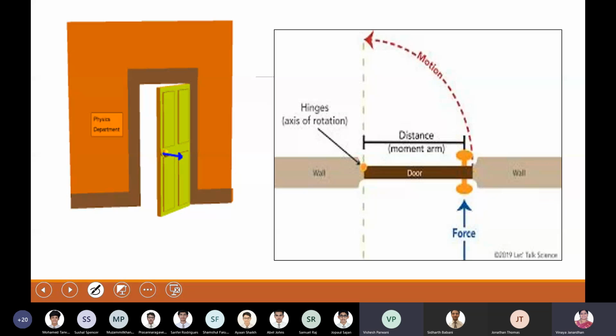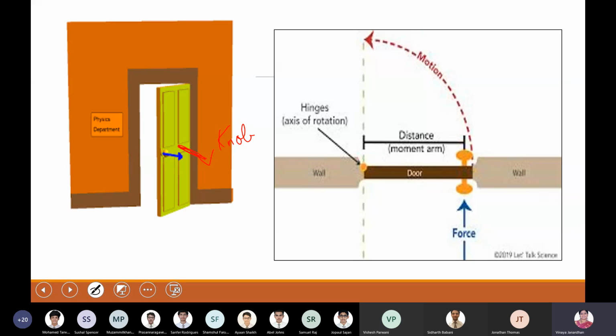Okay. Now suppose I put the handle somewhere at the center of the door. Is it easy for you to open the door or close the door with the same force? No, it will become difficult.